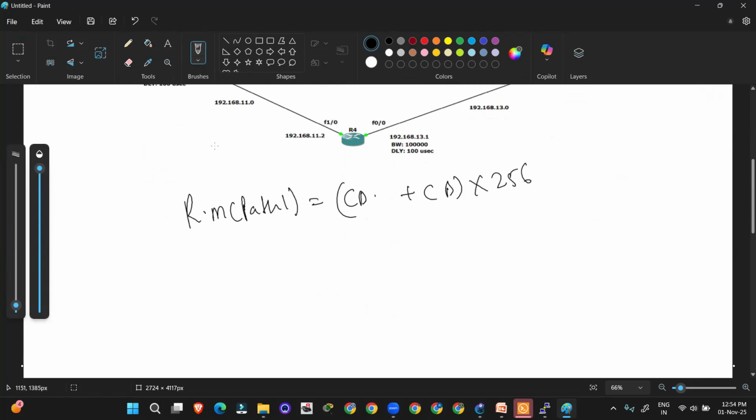So first of all, let's find the cumulative delay. Cumulative delay is 5200 divided by 10, that is equal to 520, and cumulative bandwidth will be equal to 10 to the power 7 divided by the least bandwidth, that is 10 to the power 5, that is 100.